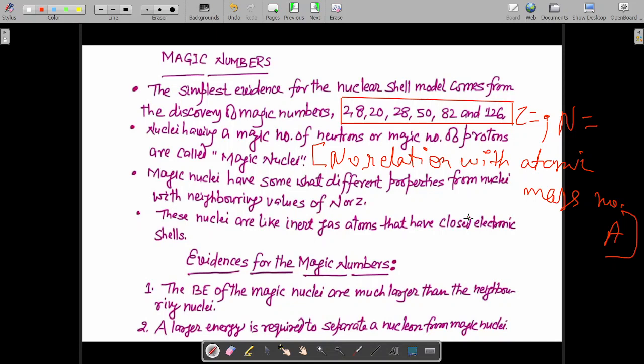You have to look at the number of protons or neutrons only. This has no relation with atomic mass number A. So this thing you must remember.